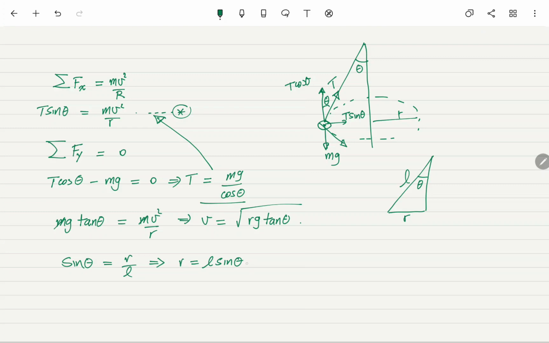You substitute this back in this equation, you will find that the speed v equal to square root of L sine theta g tan theta, and this is the speed in case of the conical pendulum.